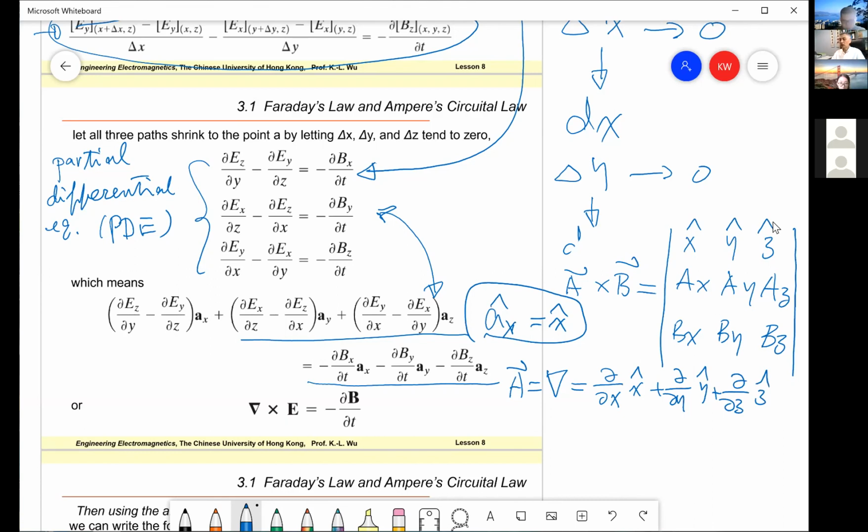Delta is a vector differential operator.